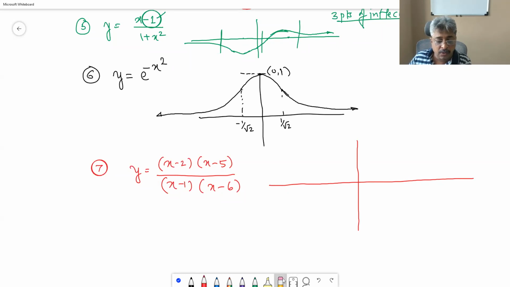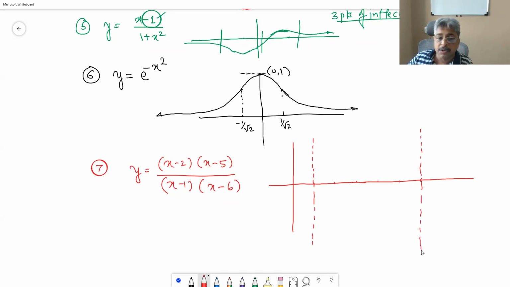Oh, I should not have drawn the y-axis like this. At x is equal to 1, it is undefined. 2, 3, 4, 5, 6. At x is equal to 6, it is undefined.